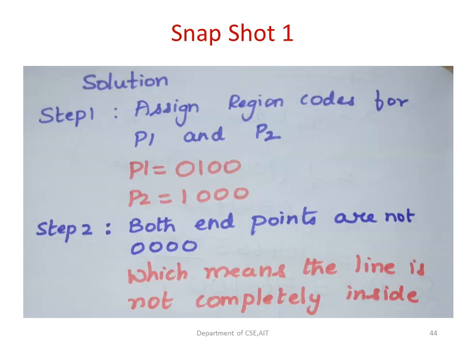What are we going to do? We are going to do it step by step. What is the first step? We have to assign the region codes for P1 and P2. The region code for P1 is 0100. It is lying below the clipping window. For P2, it is 1000. It is lying above the clipping window. Both endpoints are not all zeros, which means the line is not completely inside.